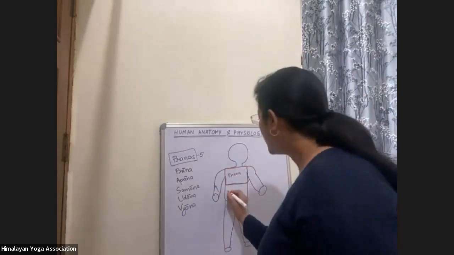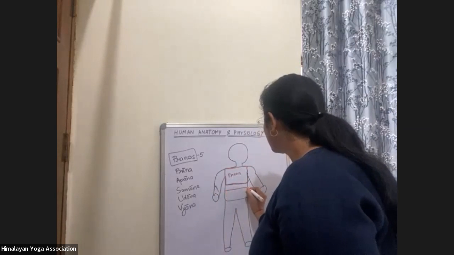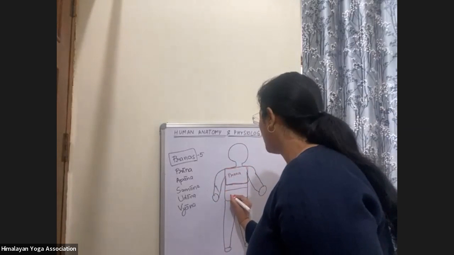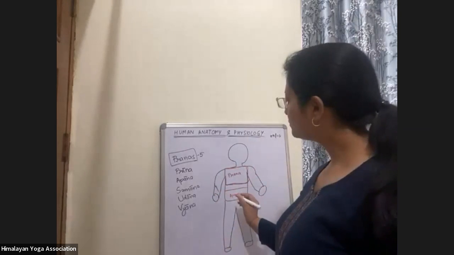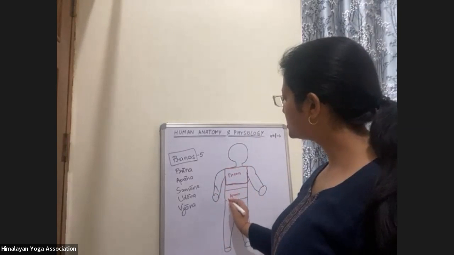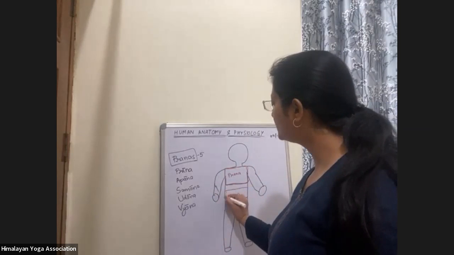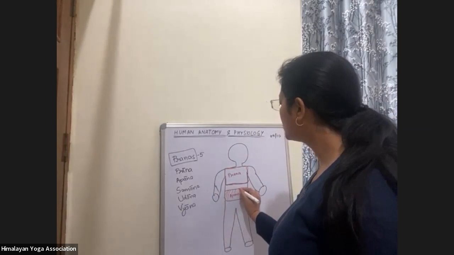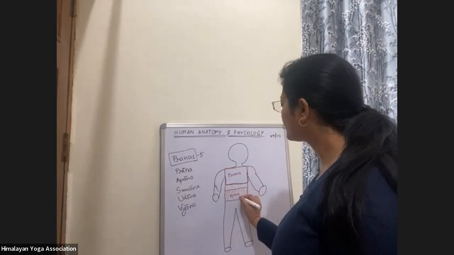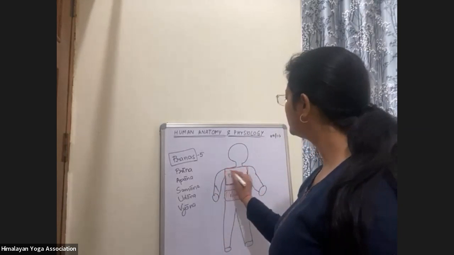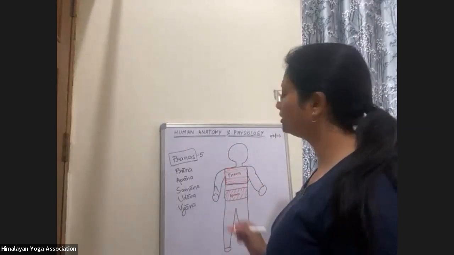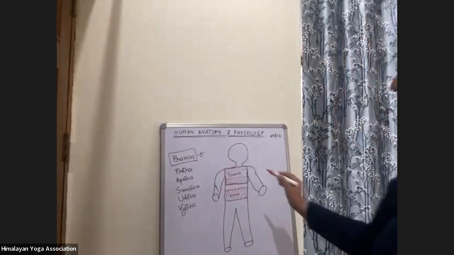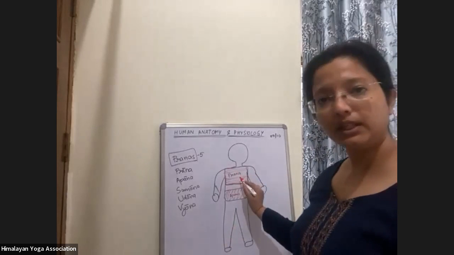Then we have apana. This apana is responsible for all the reproductive activities and for excreting waste from the body. Prana is responsible for the breathing process. Prana is for breathing.